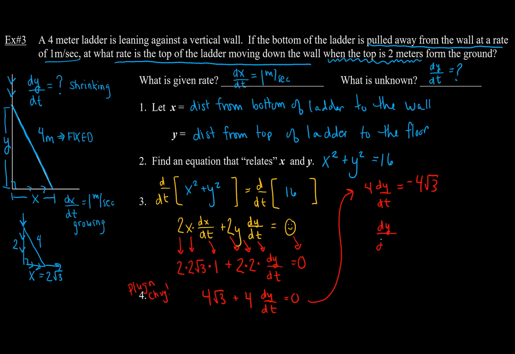Next, I'm going to divide by 4. And I end up with negative square root of 3. That's my dy/dt. So this rate right here is negative square root of 3 feet per second. I'm sorry, meters per second.